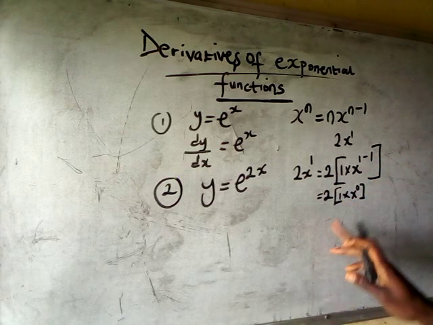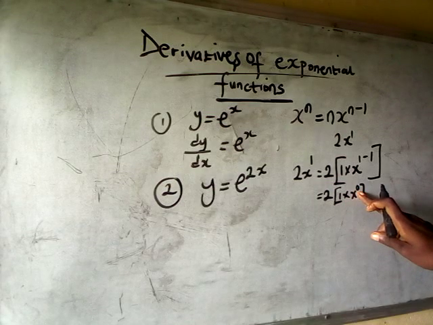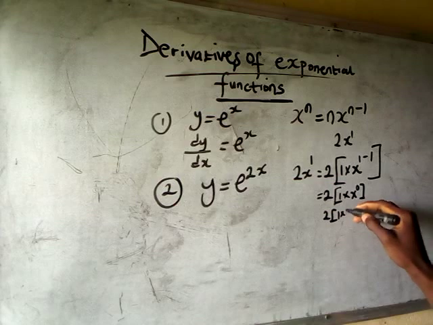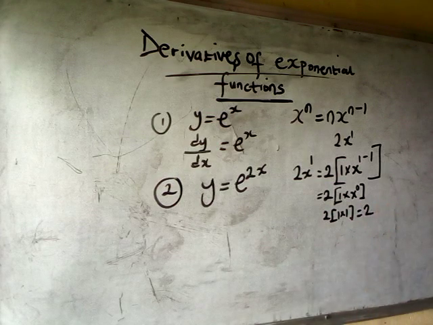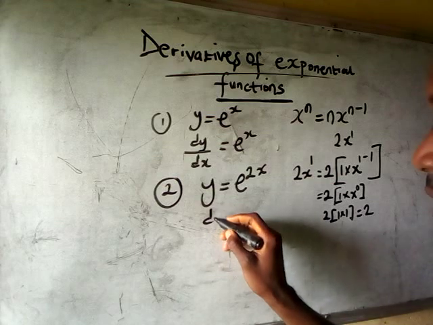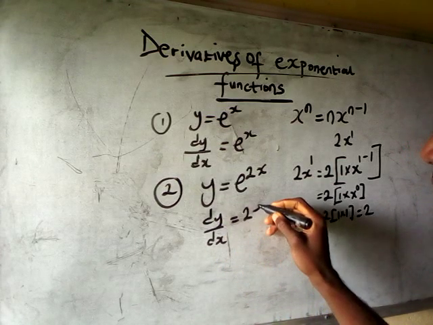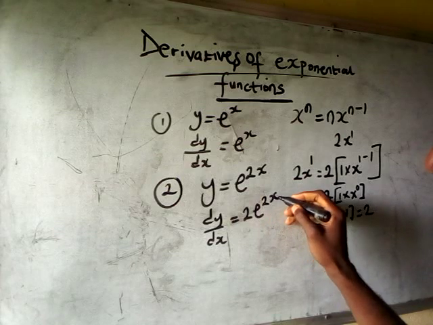According to indices, any number raised to power 0 is 1. So here becomes 2 times 1 times 1, which is equal to 2. So the derivative of this is dy dx equal to 2 exponential 2x.